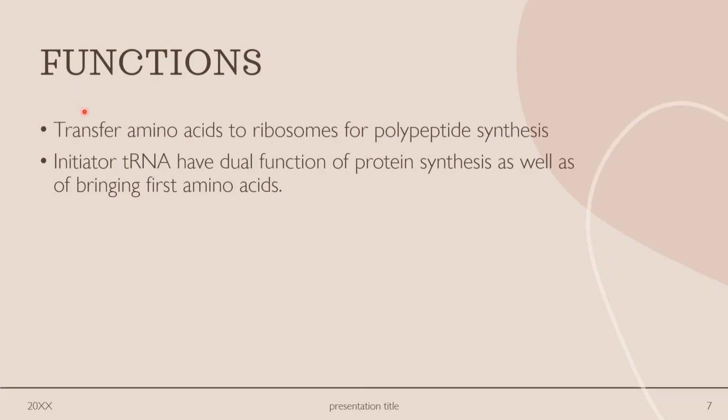Functions of tRNA: it transfers amino acids to ribosomes for polypeptide synthesis. Initiator tRNA has the dual function of protein synthesis as well as bringing the first amino acid.